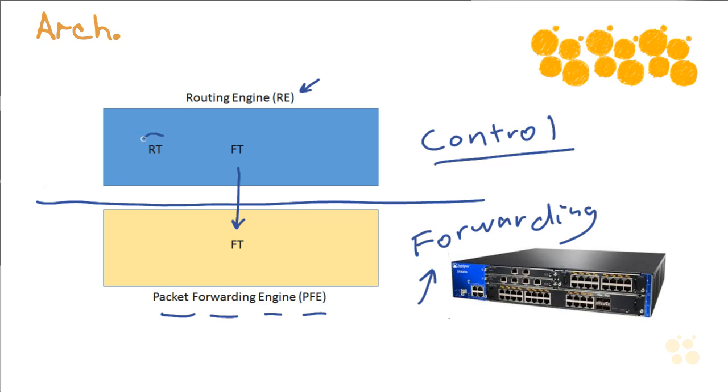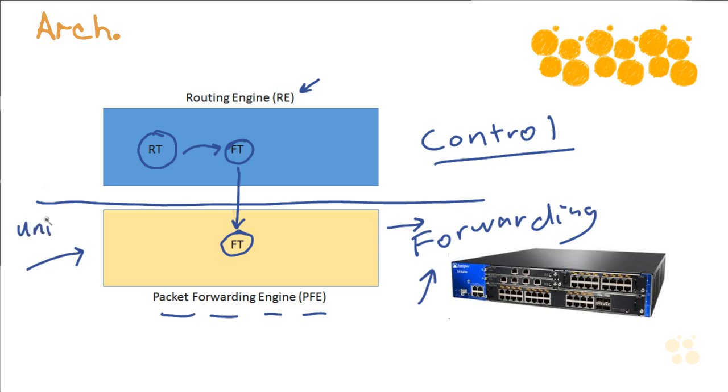Notice there's a route table inside the routing engine from which is created a forwarding table that has instructions on what to do with transit traffic, and this forwarding table is copied down into the packet forwarding engine through an internal link. So transit traffic comes in and enters ingress, the packet forwarding engine, and is quickly moved out an egress port.